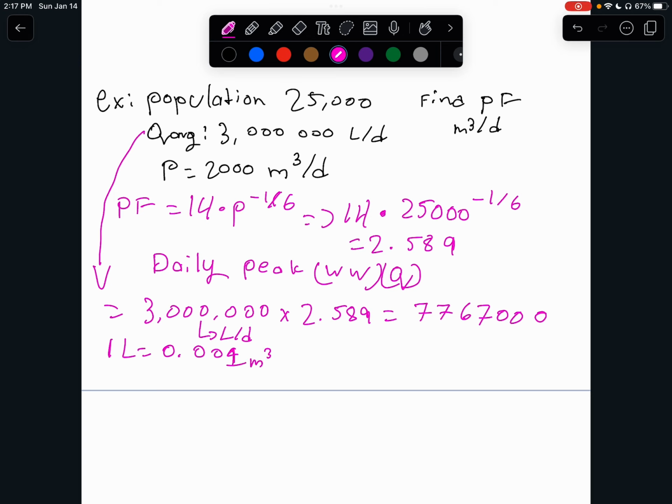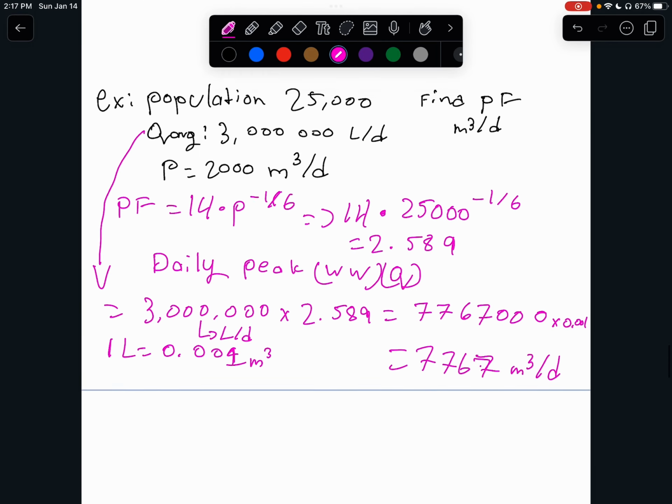So as we use this, we can times this by 0.001, and our answer is going to be 7,767. Remember, we have a new unit, meters cubed per day. Awesome. So now we convert our units, make sure it makes sense.